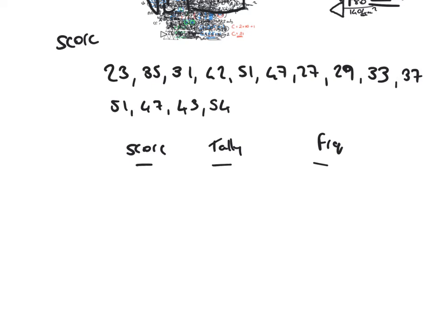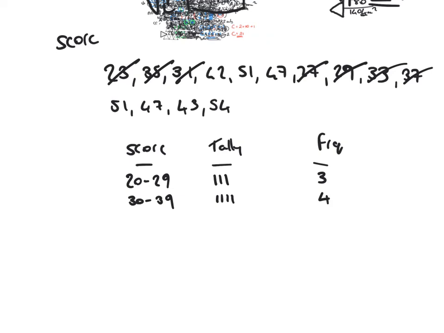Okay, we're now going to group these scores in categories of 10, starting with the 20s, 20 to 29, so that's 1, 2, 3, so that's 3 tally marks, frequency of 3, now 30 to 39, that's 1, 2, 3, 4, okay, so that's 4 tally marks and a frequency of 4, now 40 to 49, that's 1, 2, 3, 4, frequency of 4, and 50 to 59, 1, 2, and 3, frequency of 3.